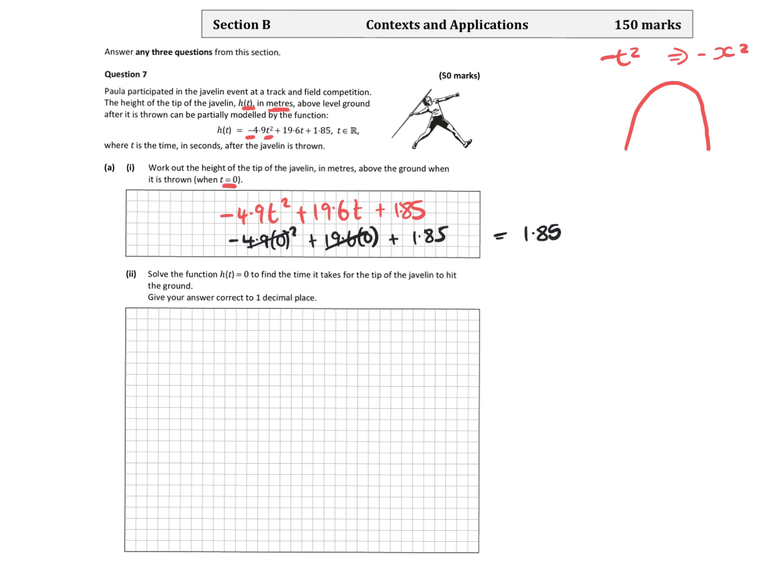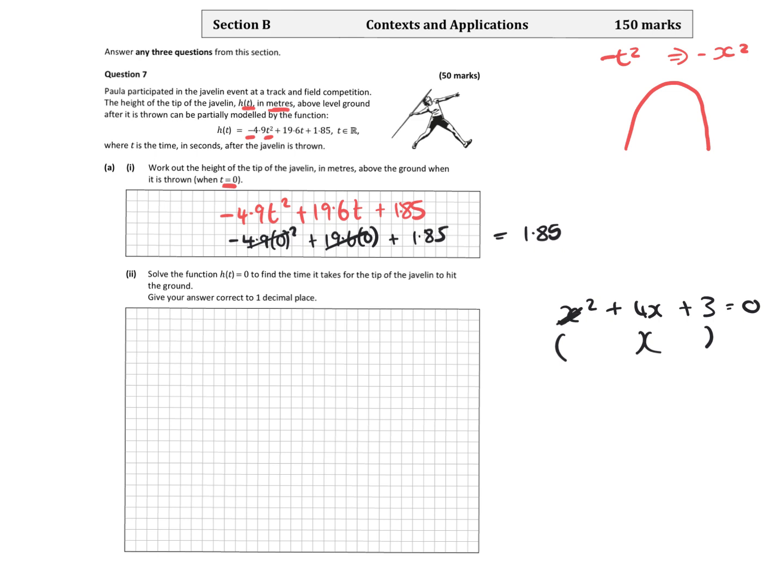Solve the function h of t equals 0. Okay, so solving questions means give me an answer for t. If you look at this, you have got a t squared and a t. So normally, if we were looking at something like x squared plus 4x plus 3 equals 0, and I asked you to solve it, you might think about quadratics.